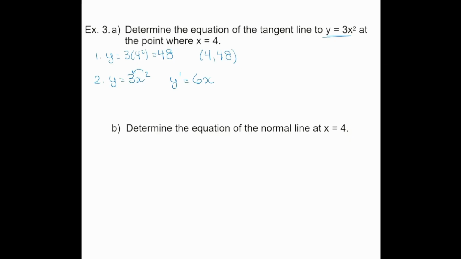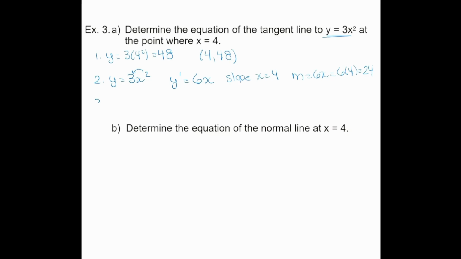And we don't need to write that. So now we're going to use this derivative, y prime equals 6x, to find the slope when x equals 4. So we want to know the slope of this line when x equals 4, and we're going to do that just by substituting in. So my slope is equal to 6x, which is equal to 6 times 4, which is equal to 24. So the slope is 24.